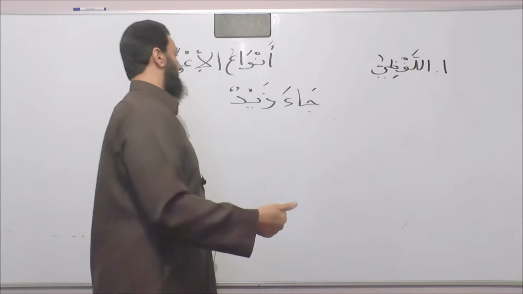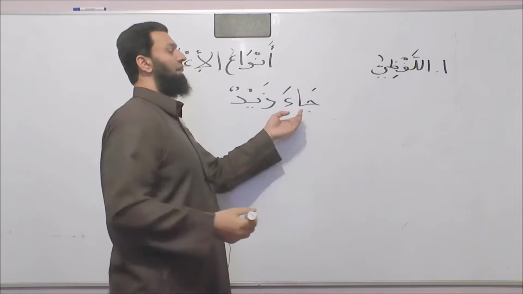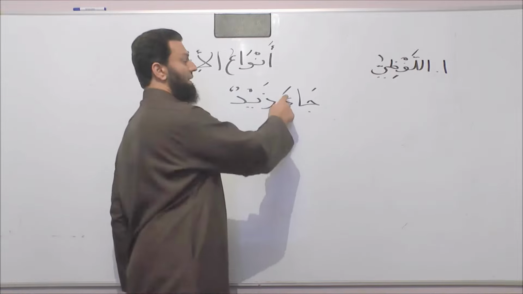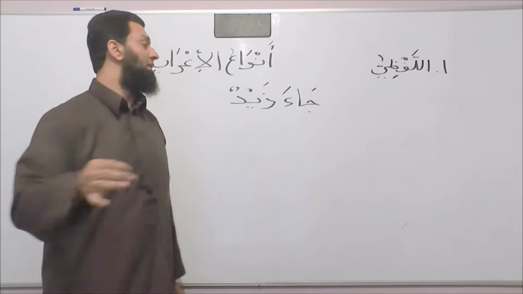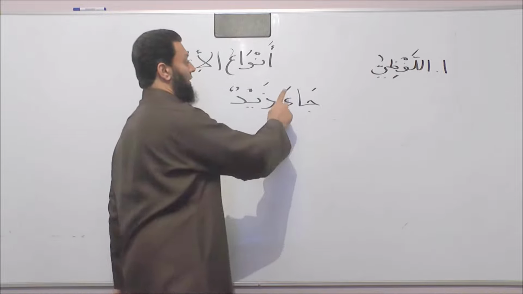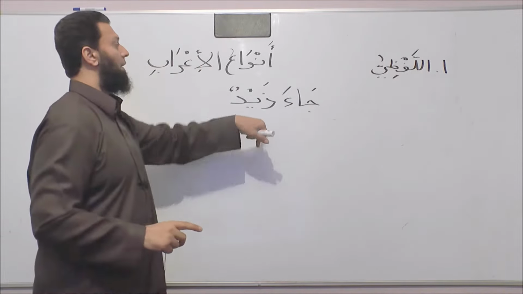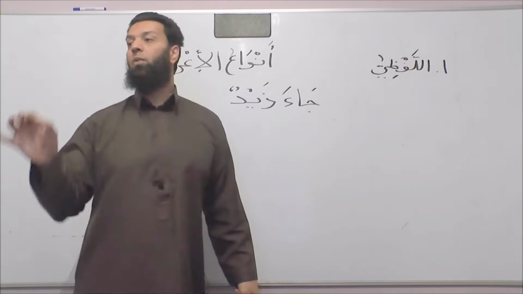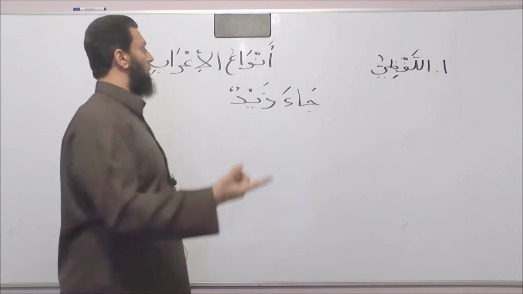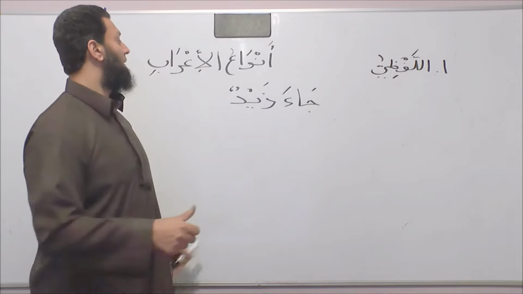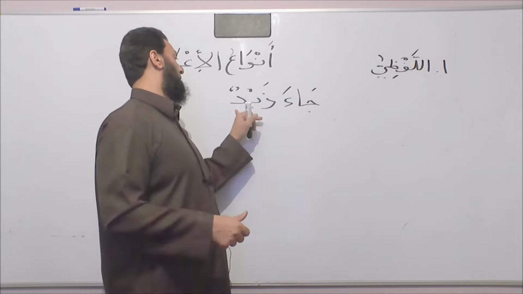Al-jumlatul fi'liyatu. Right? Ja'a fi'lun madin mabniyun ala al-fathi. We say it's a fi'lun madin, past tense verb, which is fixed upon a fatha. But what we're concerned of is concerning Zaydun. What role does Zaydun have in this sentence? Well, we know that Zaydun is the fa'ilun.